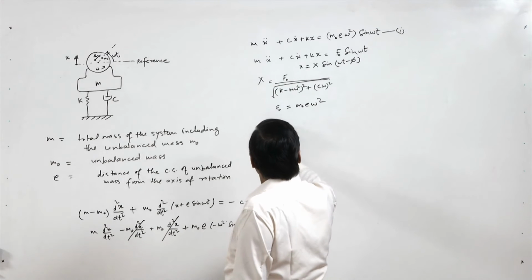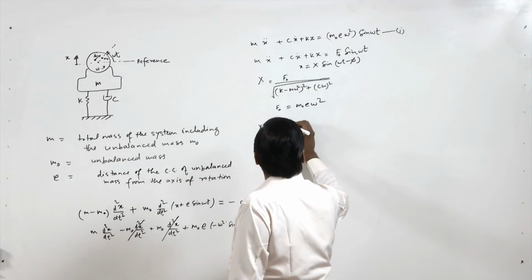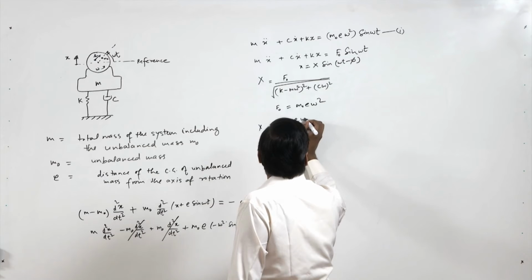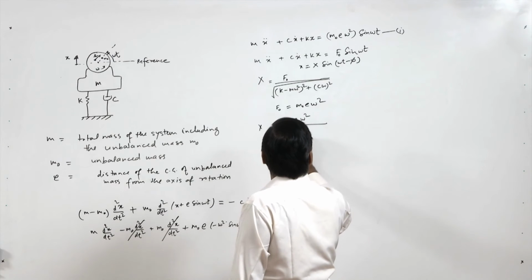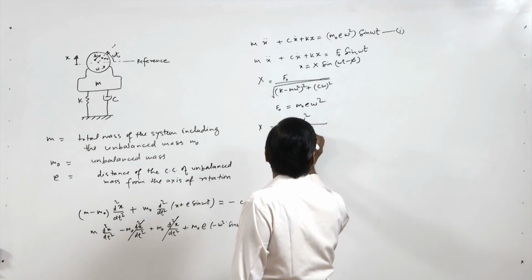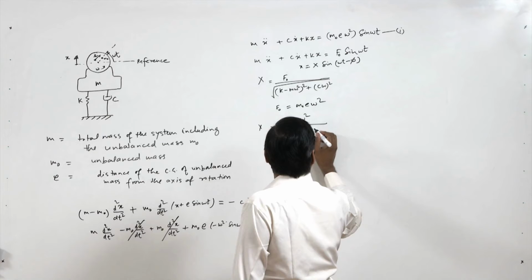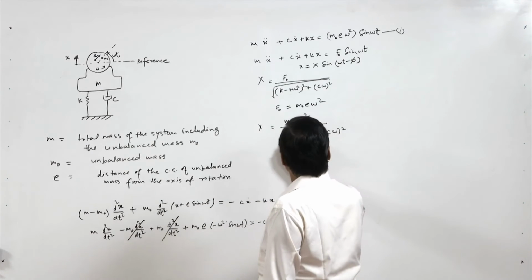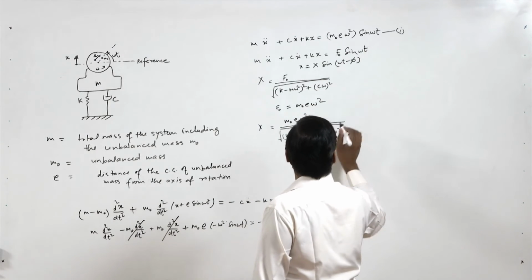So if we write X equal to m0 e omega square by the square root of (k minus m omega square) whole square plus (c omega) whole square.